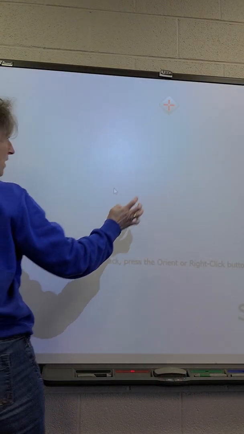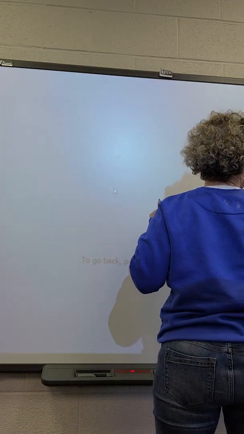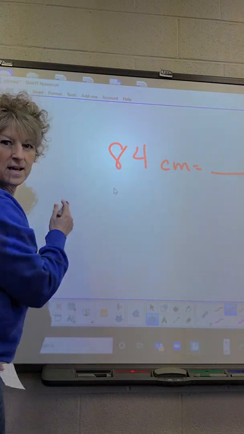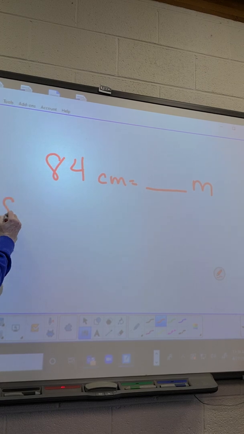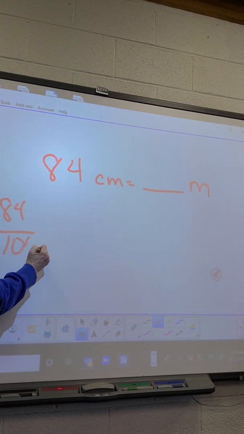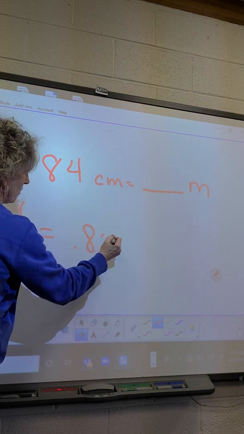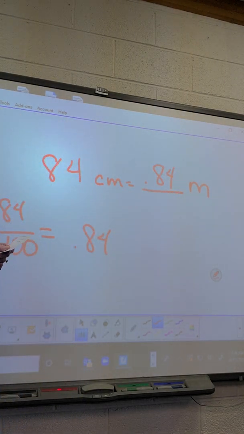Well, it's 84 out of 100, that's really what it's saying. How do I write that as a decimal? 84 out of the 100 centimeters that are in a meter would equal 0.84.